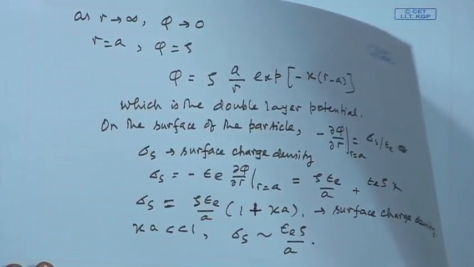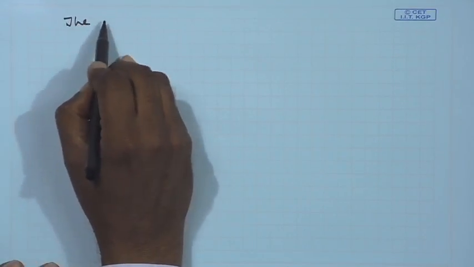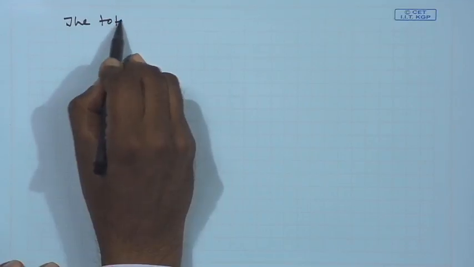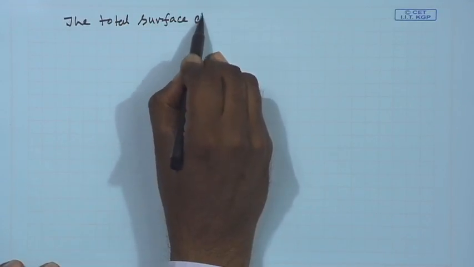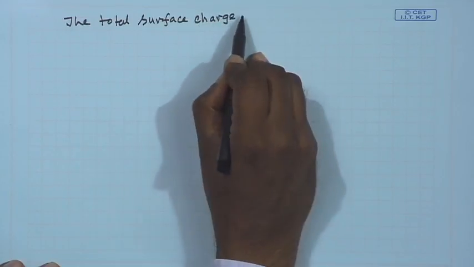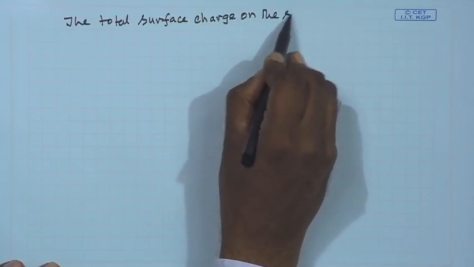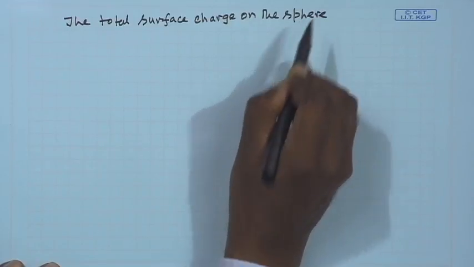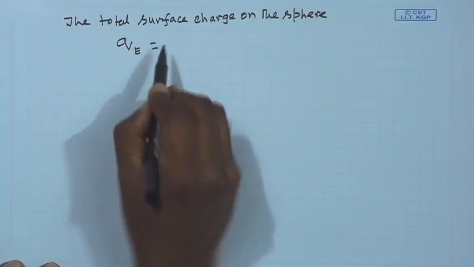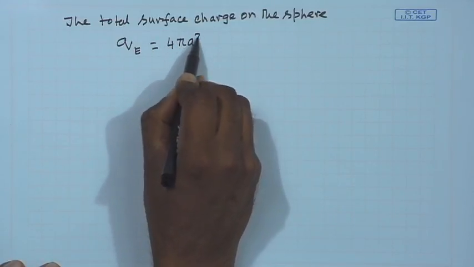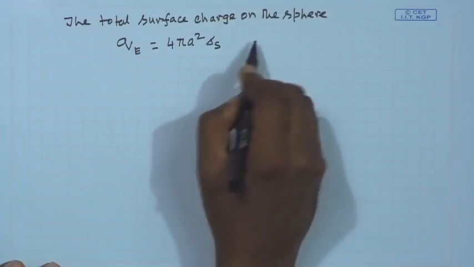Now, the total surface charge of the sphere, let us call it QE. This is equal to 4 pi A square sigma s.